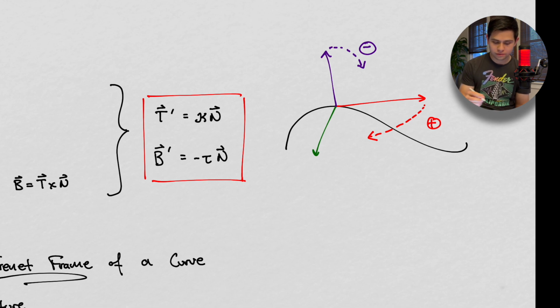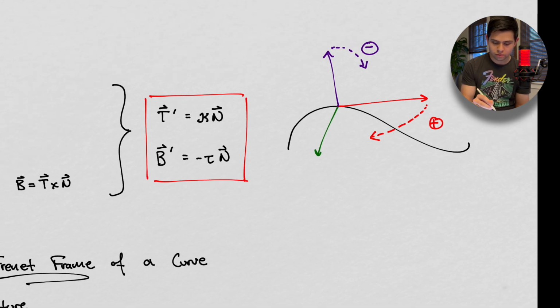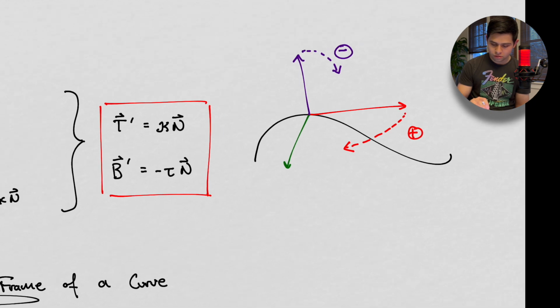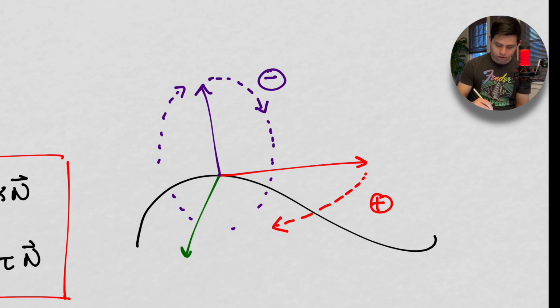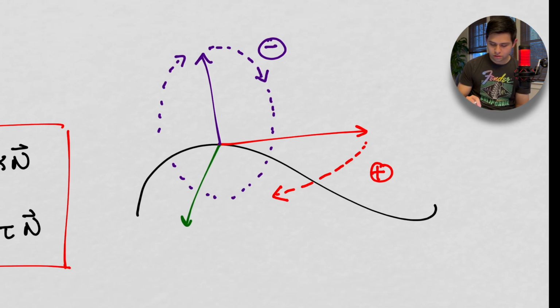Say the tangent vector is moving in this direction. We'll call this the positive direction, and this the negative direction. We can think of this as clockwise, counterclockwise rotation.